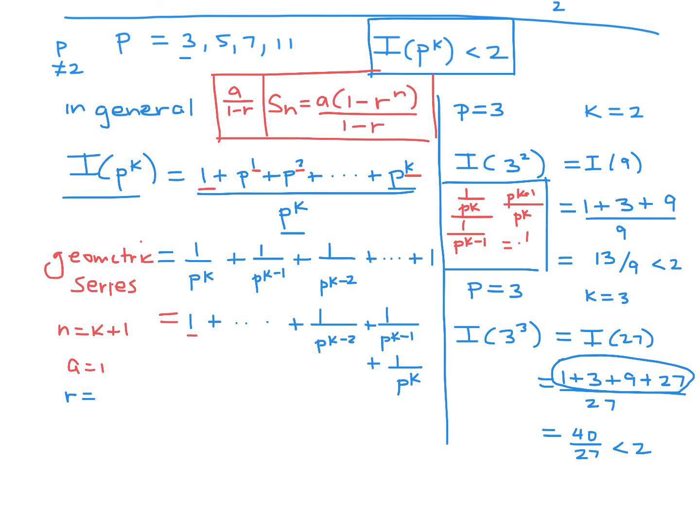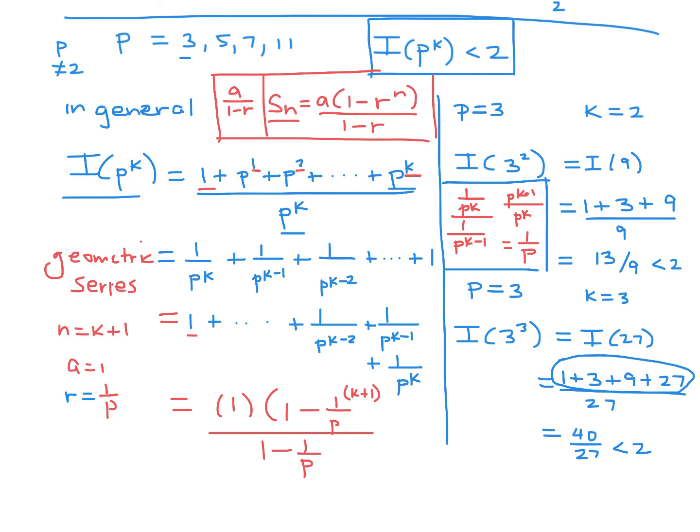Okay, so r is 1 over p. Okay, I can add this up, basically, the sum. So this a is 1. I have 1 minus 1 over p to the n, which is k plus 1, and then 1 minus 1 over p. All right.